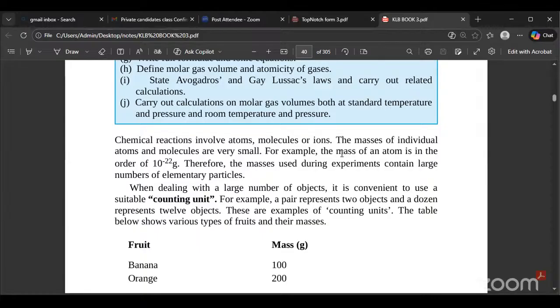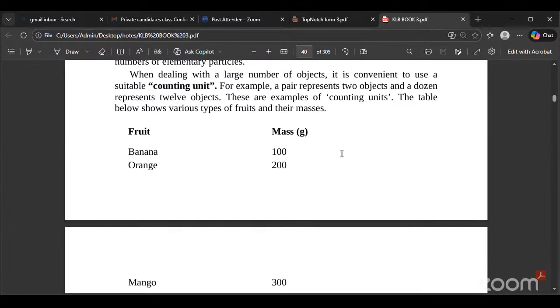Instead of saying you have 100 kilos of something, you give it a specific name. For example, 12 bananas, we normally say 12 represents a dozen. So instead of saying I bought 12 bananas, you say a dozen.